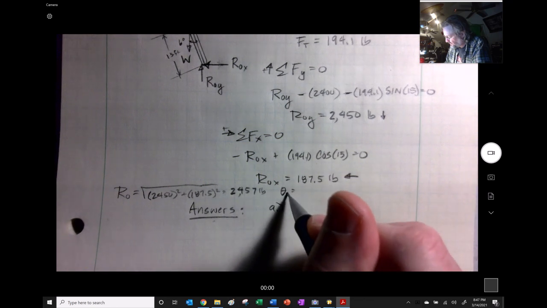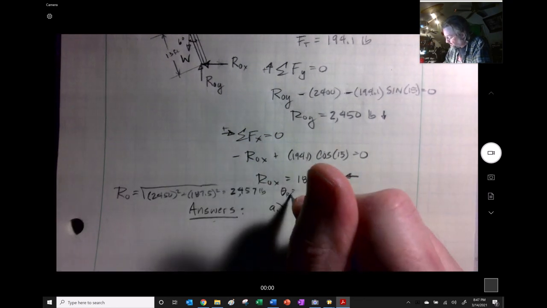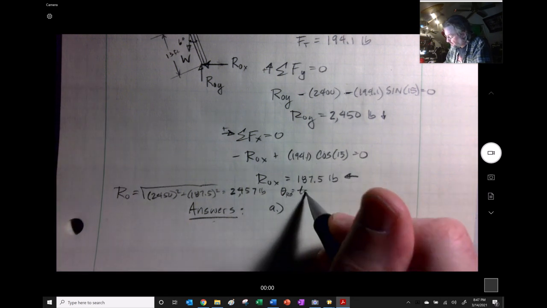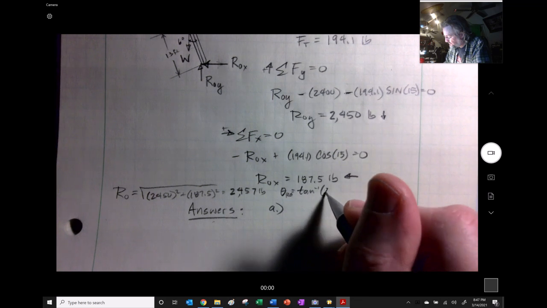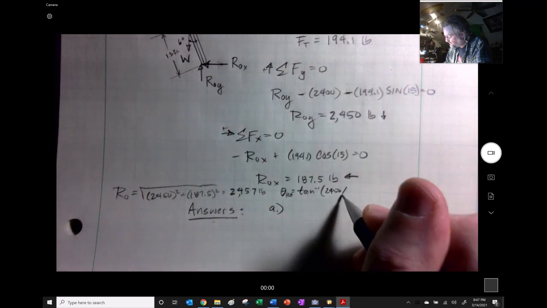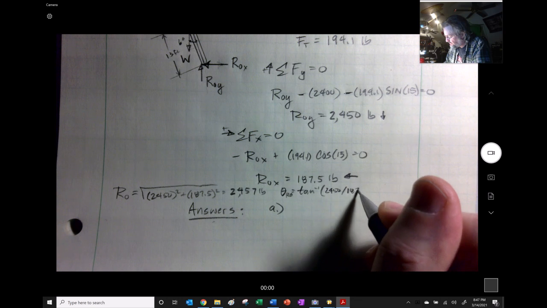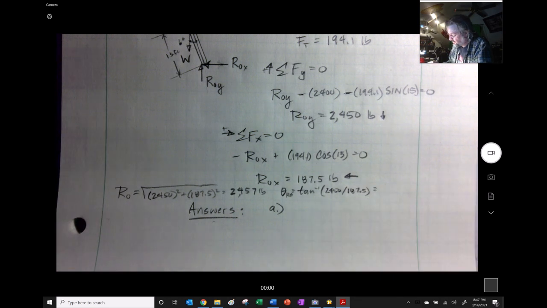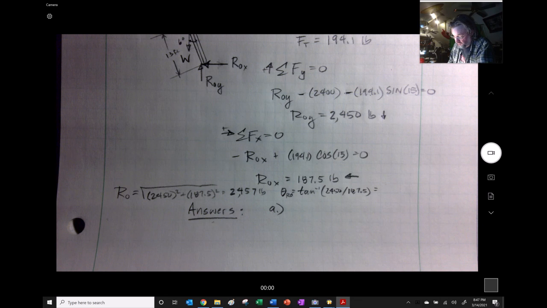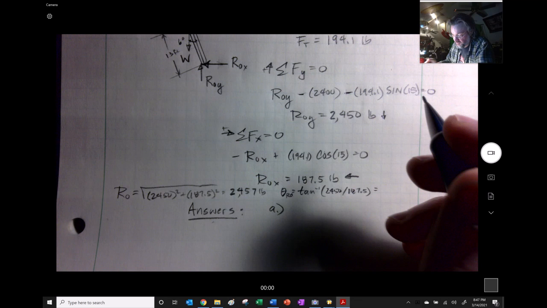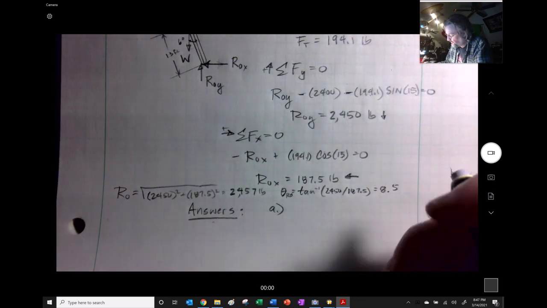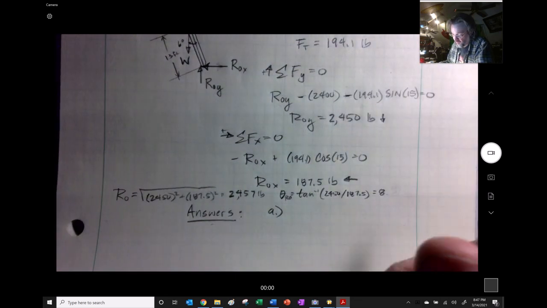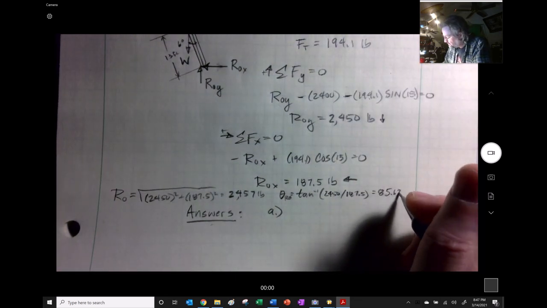The angle of the reaction, the RO right there, is the inverse tangent. And the vertical is 2,450. The horizontal is 187.5. So we have 2,450, 187.5 divided, inverse tangent, and we get that's going to be 85.62 degrees. Right?